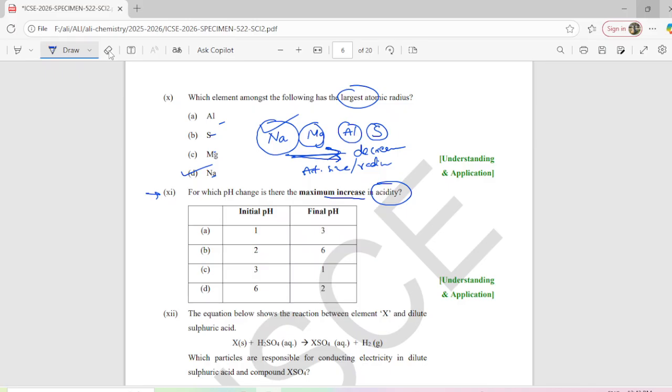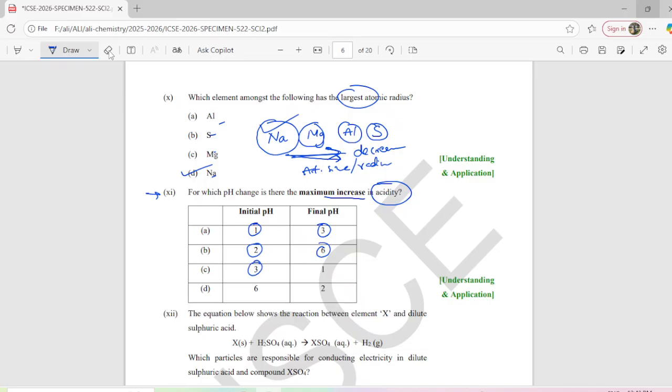Lower the pH value, higher will be the acidic nature. Now if you see the first one, the pH is increased from 1 to 3. As the pH increases, acidic character decreases. Even 2 to 6, acidic character decreases.